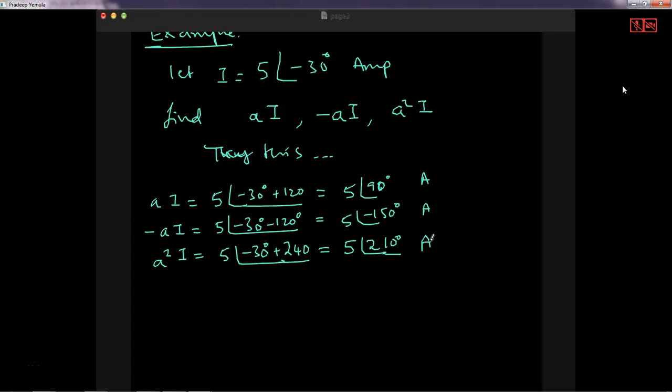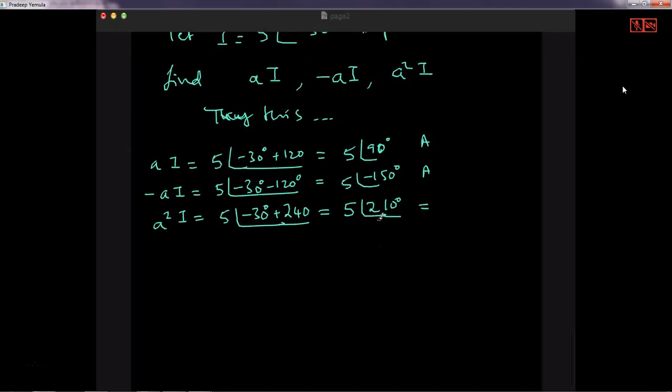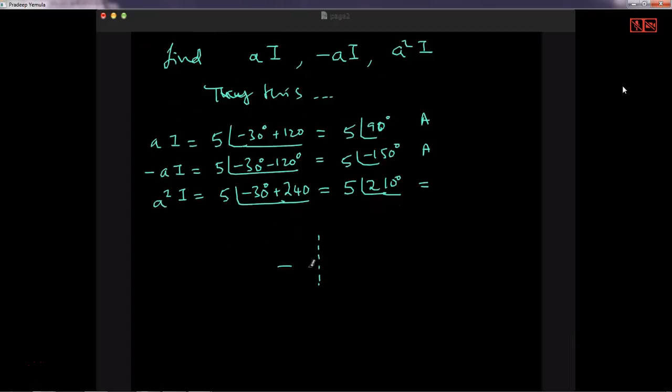So if any vector is there, you just look at the diagram. If the angle is 210 degrees, which is also equal to, if I count from this side, 90 plus 60, 150 degrees. So this is also equal to 5 angle minus 150 degrees.